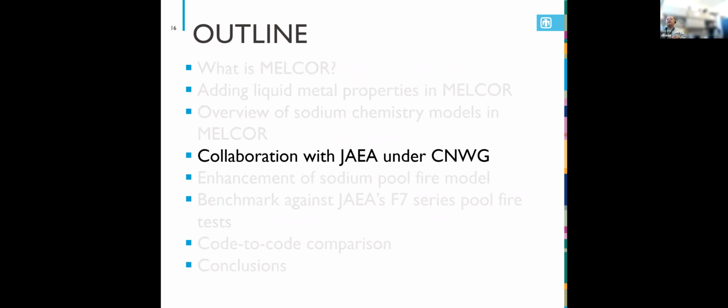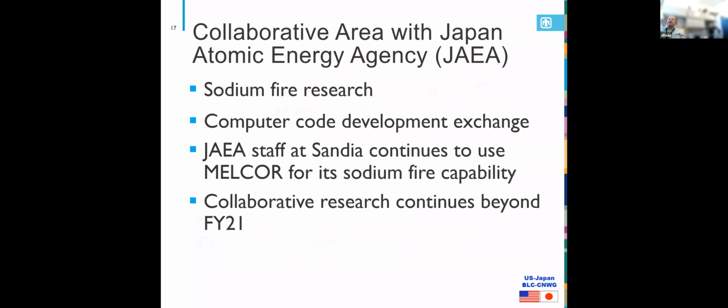Now we're going to talk about the cooperation with the JAEA under the CNWG. The collaboration with the JAEA on sodium fire research has continued for several years already. We're looking at computer code development exchange to benefit code development both at Sandia and at JAEA.